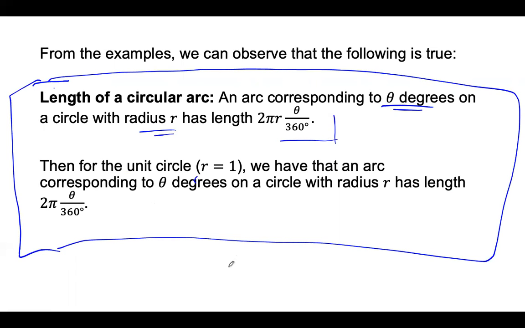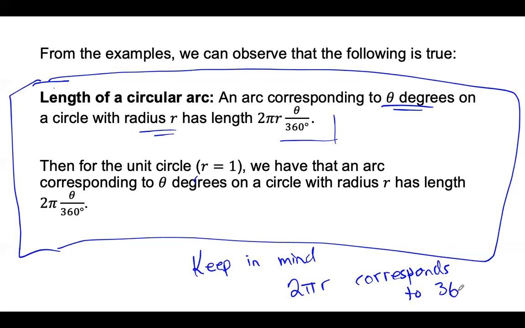So keep this formula in mind, when 2 pi r corresponds to 360 degrees. It just basically means 360 degrees is equal to 2 pi r, which is equal to 1 revolution. We'll repeat this in the seminar.